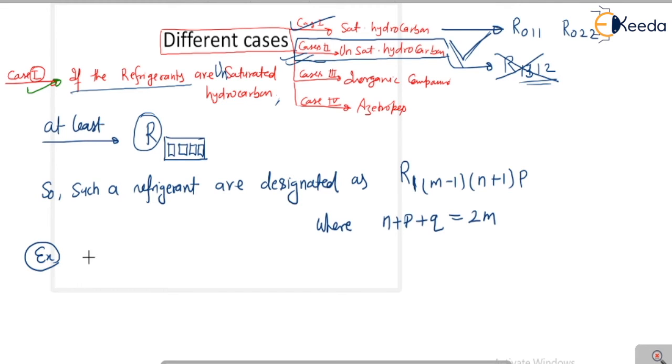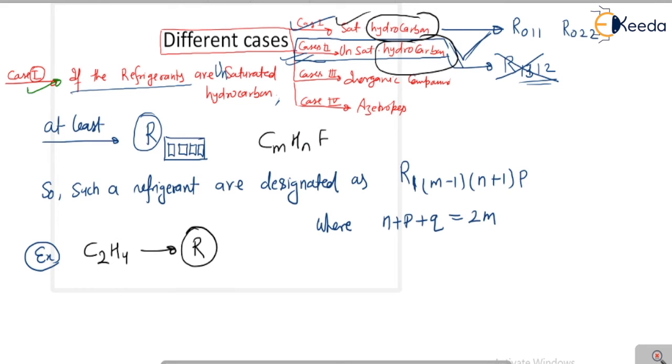So my dear friends, if we want to write this chemical formula in standard representation by R, how can it be possible? For any hydrocarbons, either saturated or unsaturated, we can write a standard chemical formula in the form of CmHnFpClq.